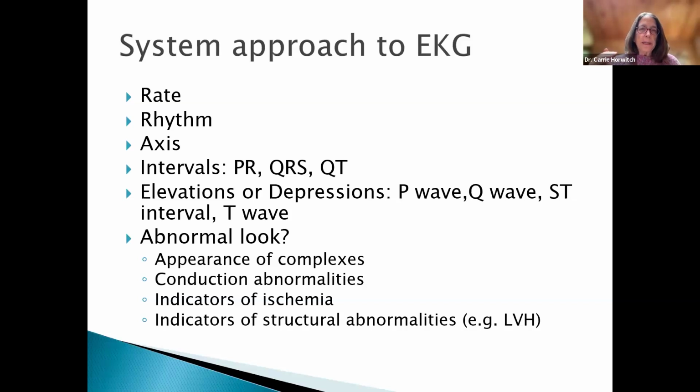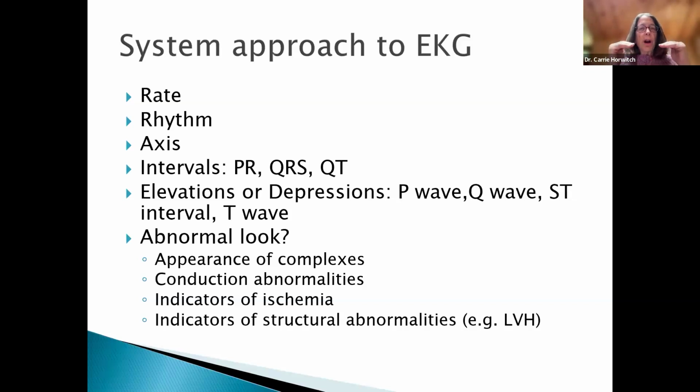What is the rhythm, meaning is it sinus or not? Is there an axis deviation? Then I want to look at my intervals. The three main intervals we look at are the PR interval, the QRS interval, and the QT interval. I'll explain those later.